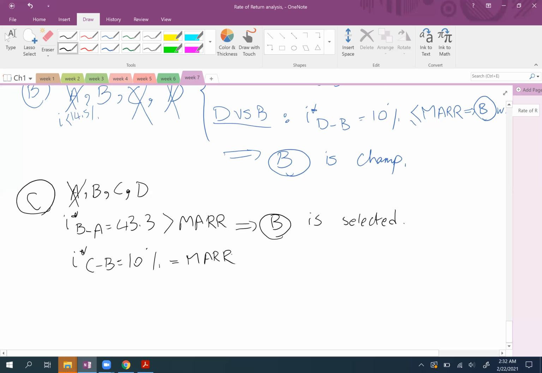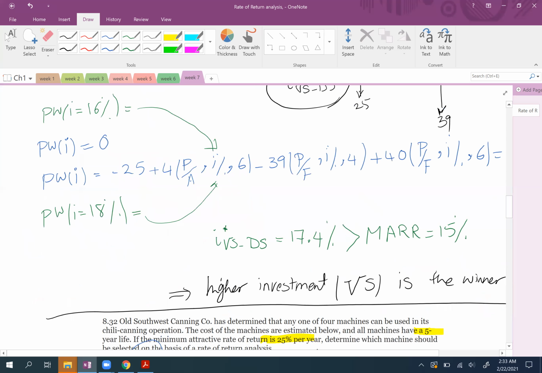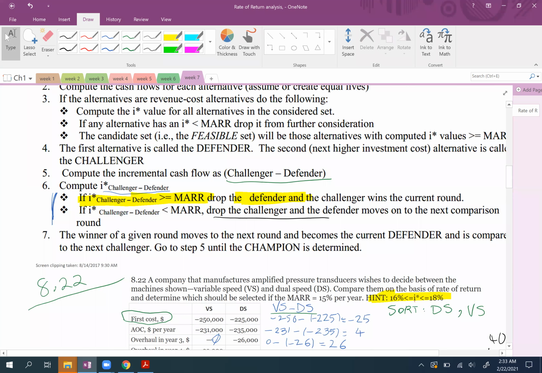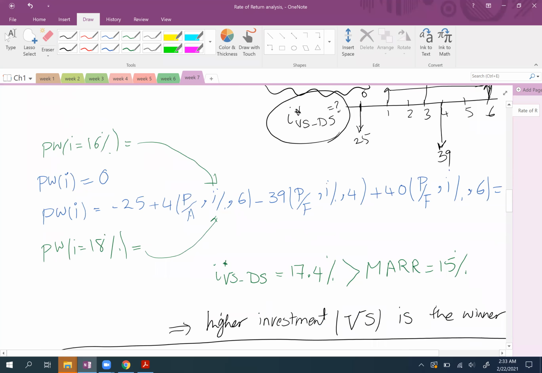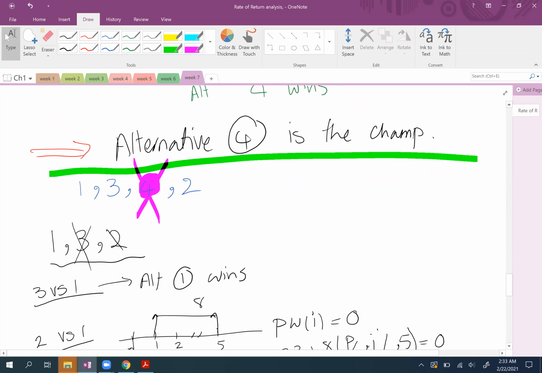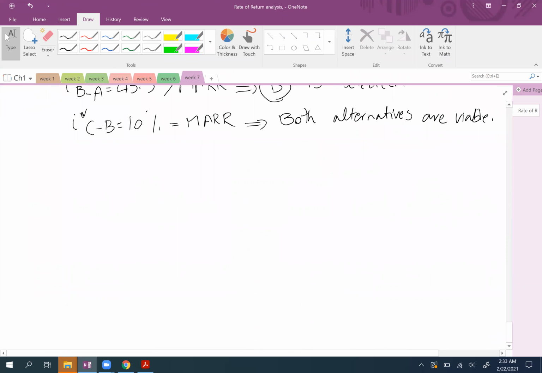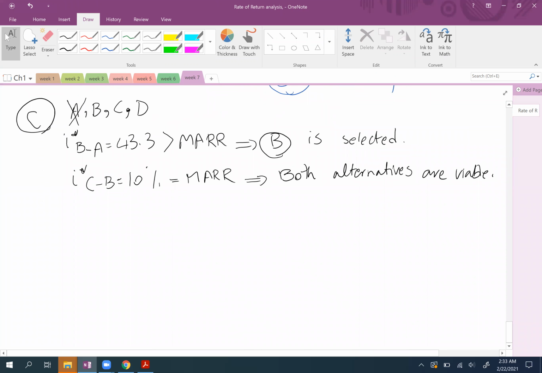So really at this point, you can say that both alternatives are viable. But if I want to follow the procedure, if I want to refer you back to this, it says even if they are equal, you will drop the defender. So when it is equal, you will drop the defender.